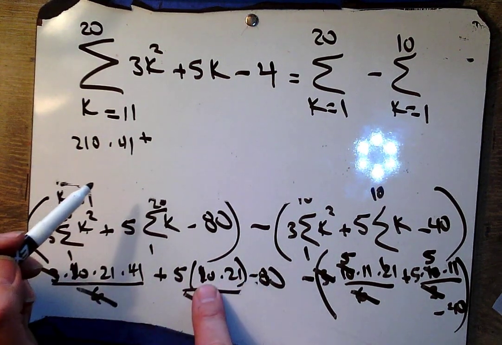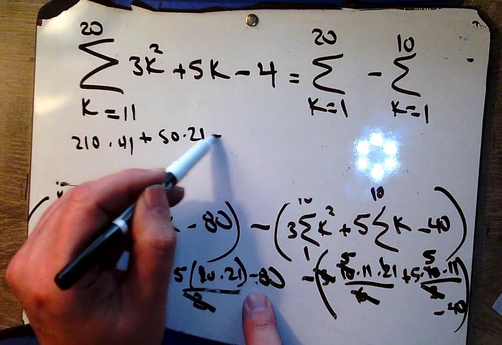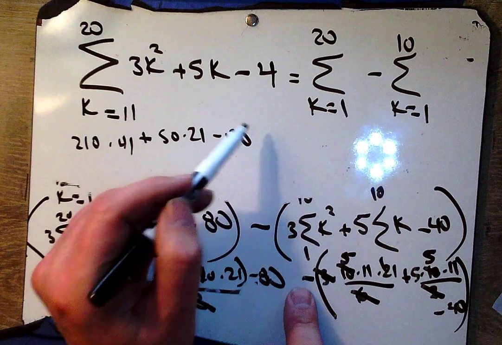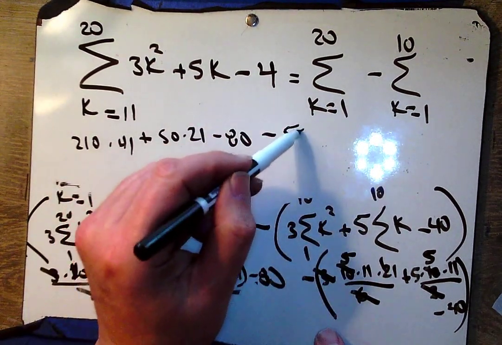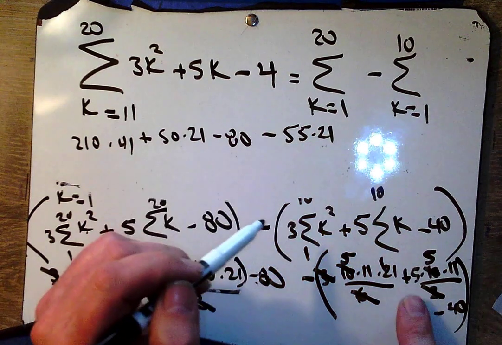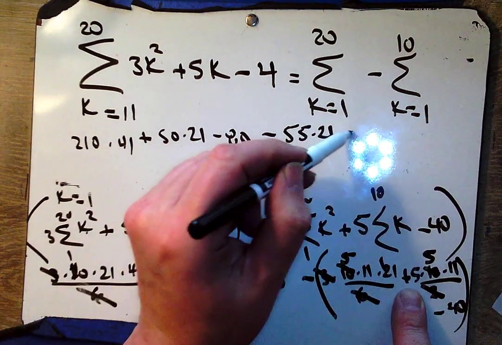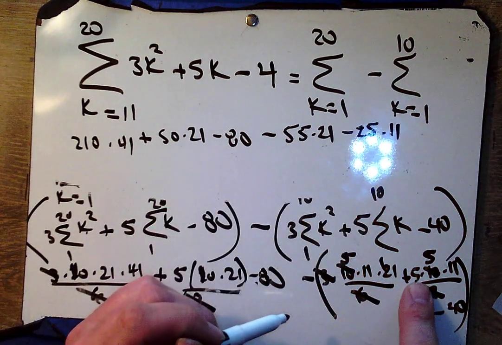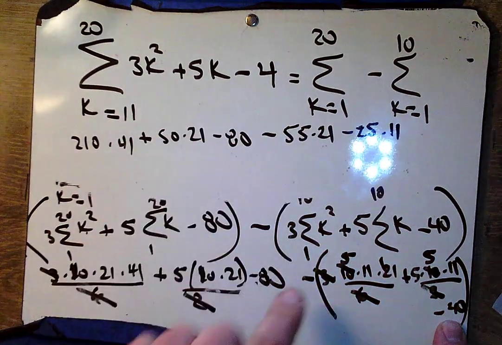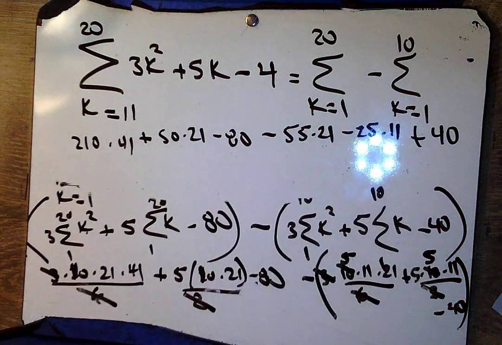So 50 times 21 minus 80 minus 55 times 21, minus times positive is negative 25 times 11. 5 times 5 times 11, and minus a minus is plus 40.